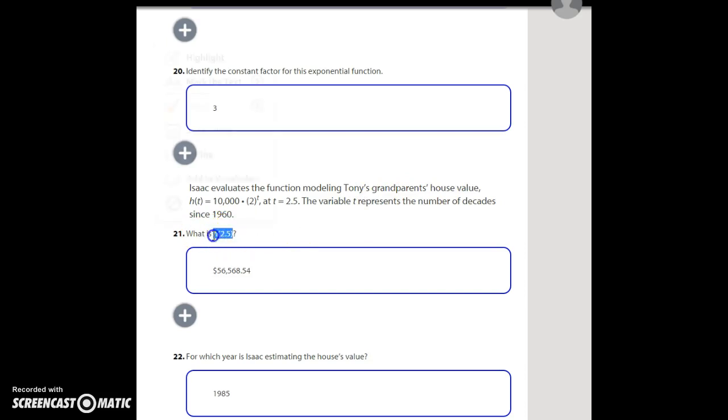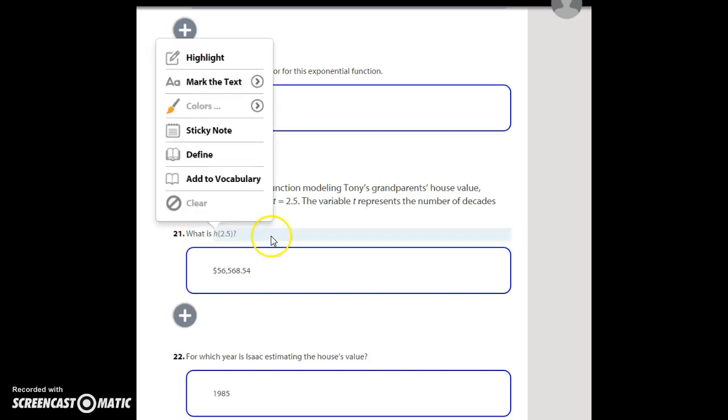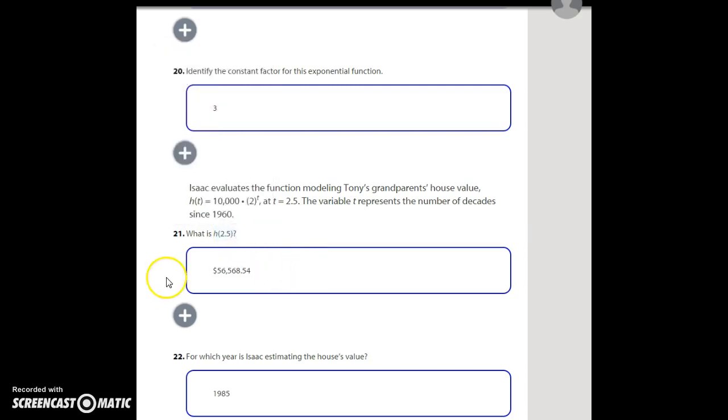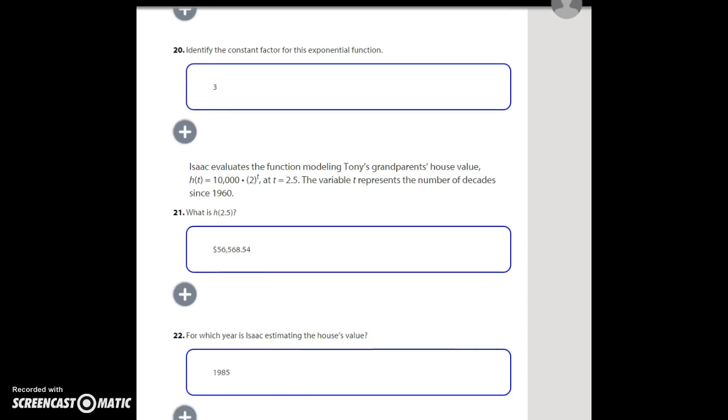This is function notation, so all it's really asking us to do is take that 2.5 and plug it in for that t. So we're going to have a 2.5 in the exponent portion of our equation, and when we type that in, we'll get this answer here. We rounded it to 2 decimal places since we're talking about money. We have some cents there.